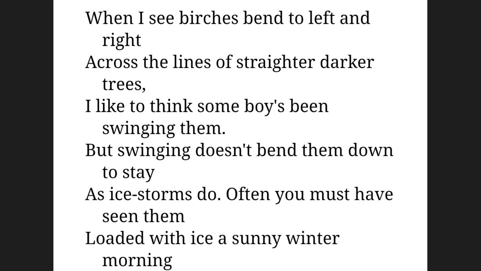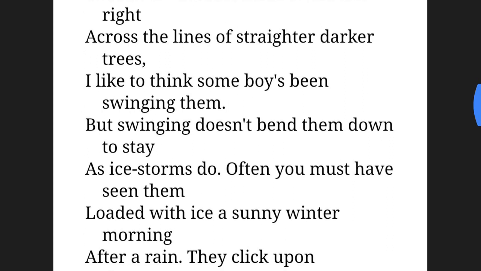He then thinks, or he imagines, that some boy, one boy in particular, had been swinging them. But swinging does not bend them down to stay. Now that is another problem. If a boy swings from the branch of a birch tree, he may bend it temporarily, but the moment he lets go, the branch is supposed to straighten out itself.